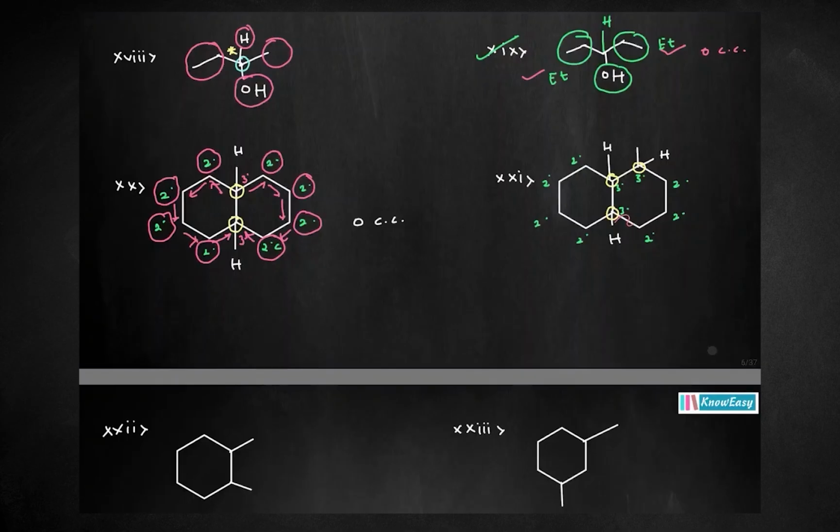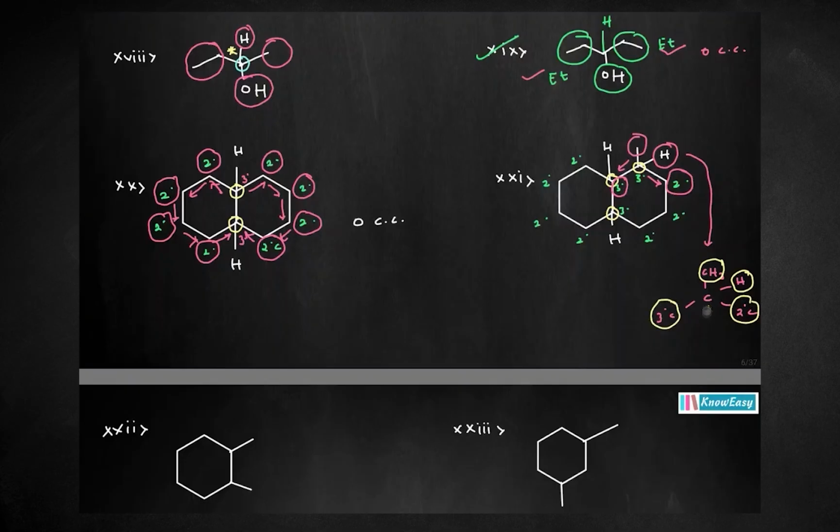Now look at this particular position. It has this CH3 part, hydrogen, on one side tertiary, and on the other side secondary. That means this will look like this. So it has 4 different groups here.